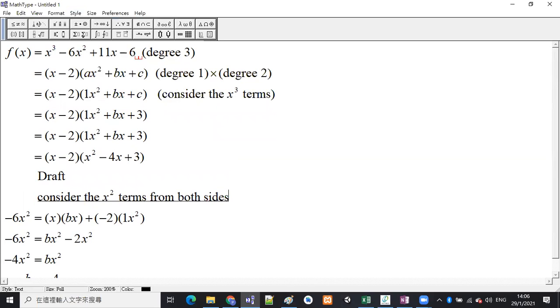Okay, and then we'll get a equals 1. And then for next line, we consider the constant terms, and then we'll get c equals 3.